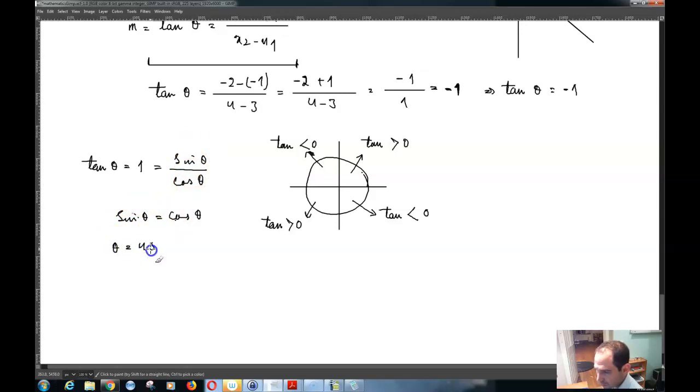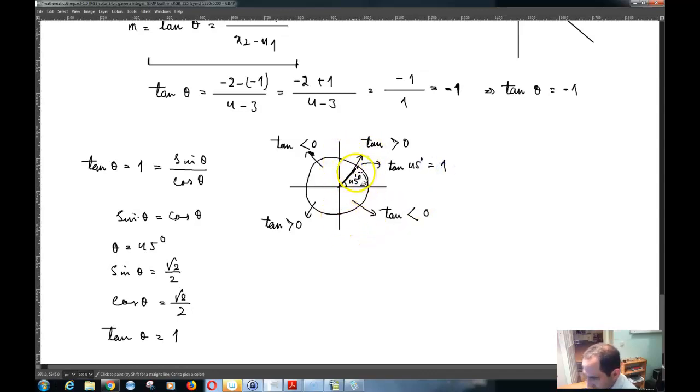When theta is equal to 45 degrees, sine of theta is equal to square root of 2 by 2, and cos of theta is equal to square root of 2 by 2. And so tan of theta is going to be equal to square root of 2 by 2 divided by square root of 2 by 2, which is equal to 1. So tan of 45 degrees is equal to 1.